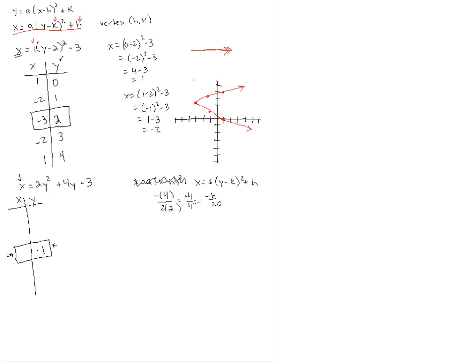Now, if that's negative 1, we can solve. If y is negative 1, wherever there's a y, we're going to put negative 1. And we get 2 times 1 minus 4 minus 3. So 2 minus 4 minus 3 is negative 5.